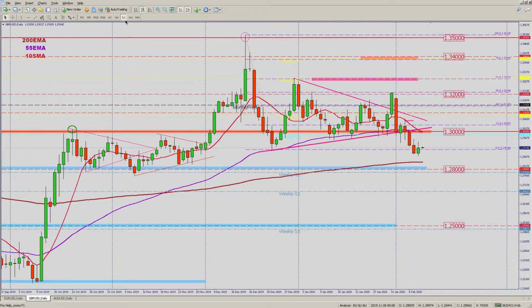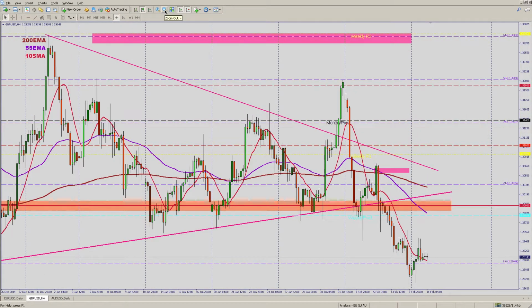Alright, let's take a look at the 4-hour time frame. It's been trying to recover, and after a slight wobble in the middle of the day, it's managed to climb up, trying to climb above the 129.